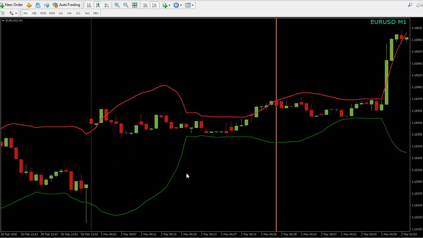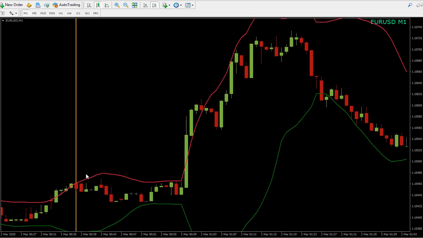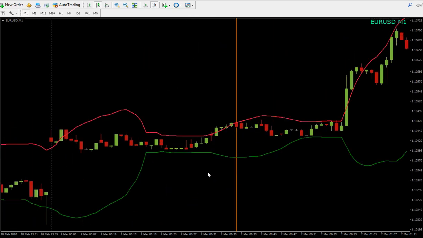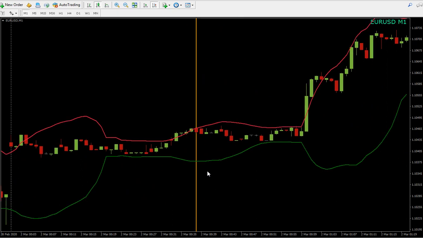So how do we then approach this? For example, without using this, you are going to make wrong entries. Let me show you how my analysis can help you trade engulfing patterns that are at the Bollinger Bands, or even outside the Bollinger Bands, much more profitably or successfully.